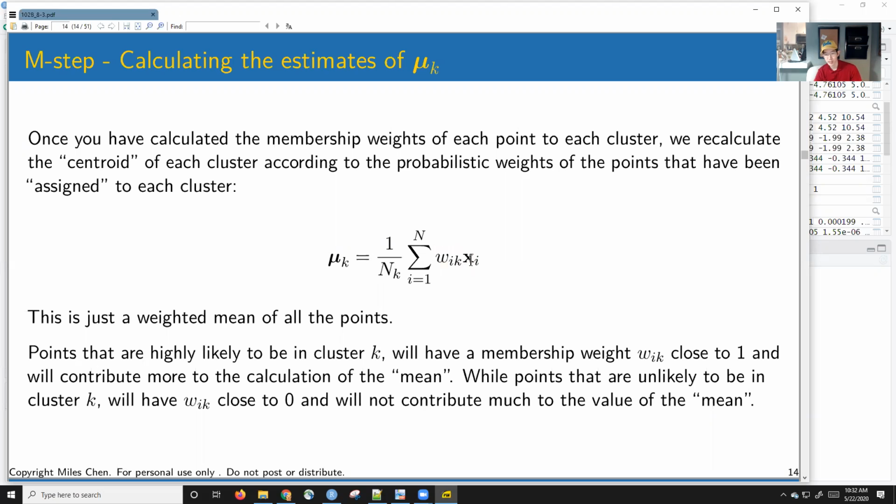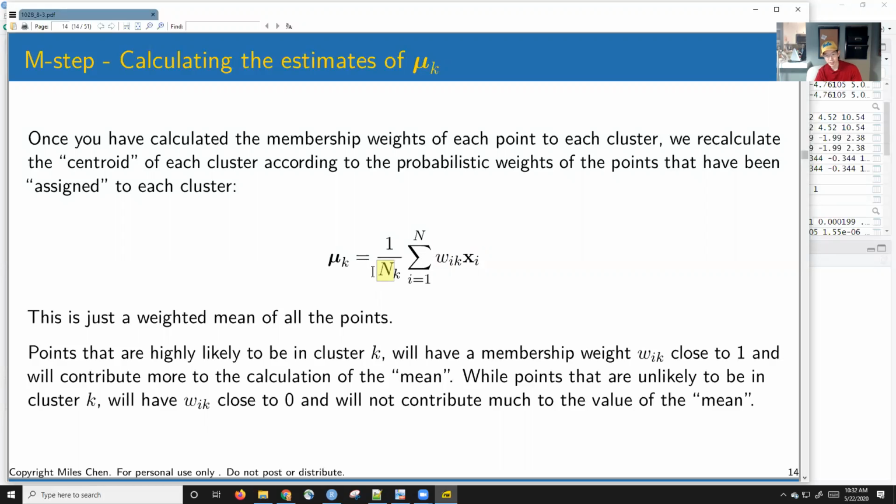X values that are unlikely to belong to a certain cluster have a membership weight close to 0, so you're almost like not adding that point into the sum.